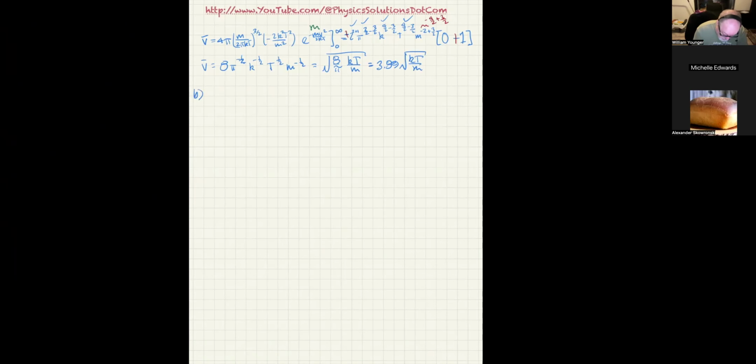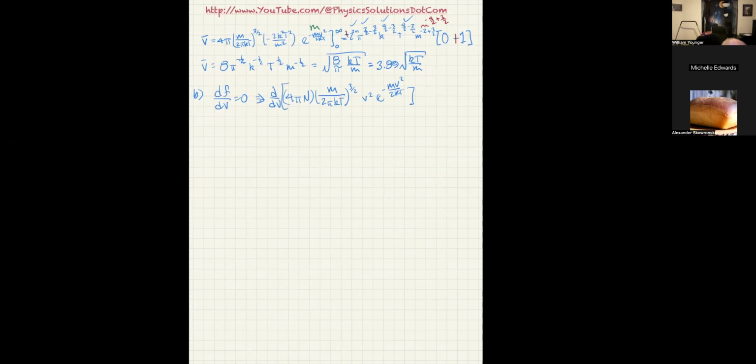For part B, what we want to take is df over dv and set it equal to 0. Well, the f is, we're going to say d by dv of 4 pi n times m over 2 pi kt to the 3 halves times v squared times v squared e to the negative mv squared over 2kt.